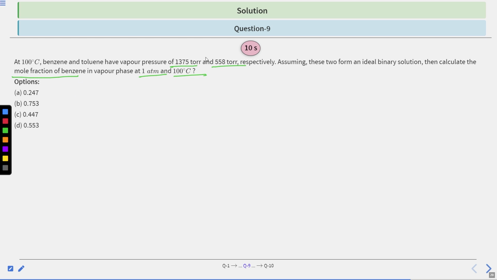Given are the vapor pressure of benzene and the vapor pressure of toluene, and we have to assume that they form an ideal binary solution. So options are 0.247, 0.753, 0.447, or 0.553. So you have 10 seconds to solve this question. After that, we will see the answer.